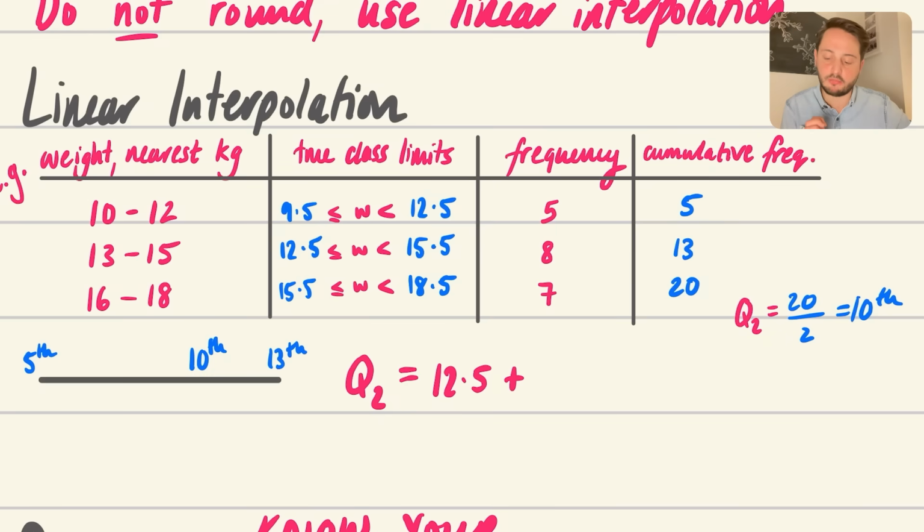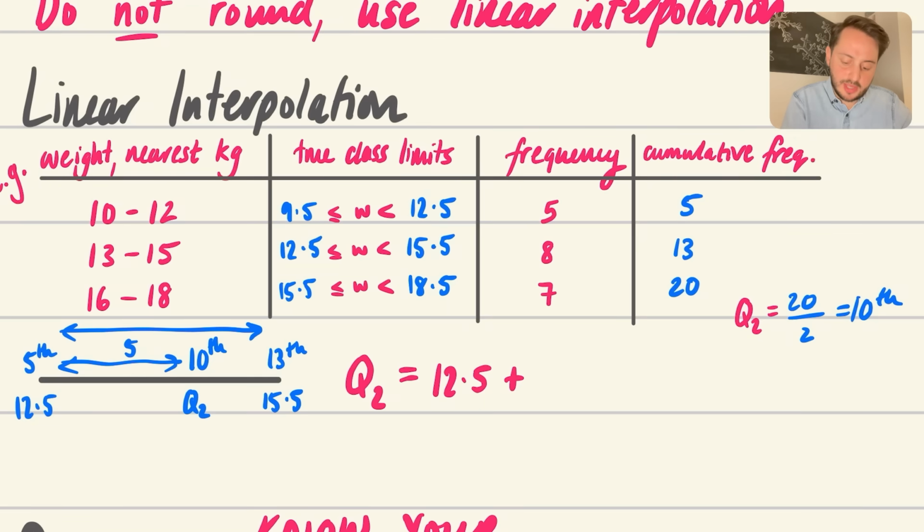I've put it roughly in the right place. That group goes from 12.5 up to 15.5, and we are looking for the median, which is here. Well, to find that median, we need to keep the proportions the same. So I want to go from 12.5 and add on the same fraction along the way. On the top, between here and here is a gap of 5, and between here and here is a gap of 8.